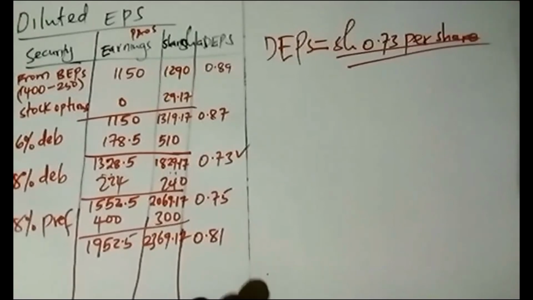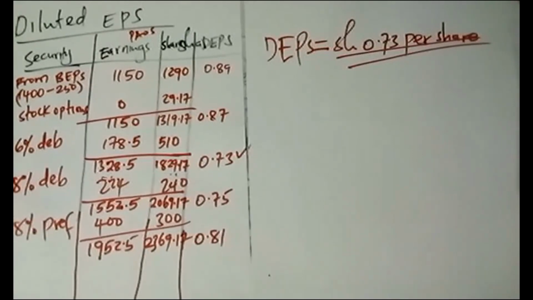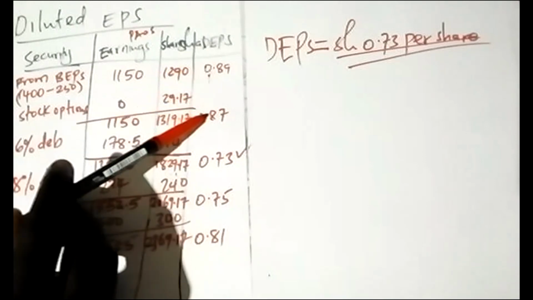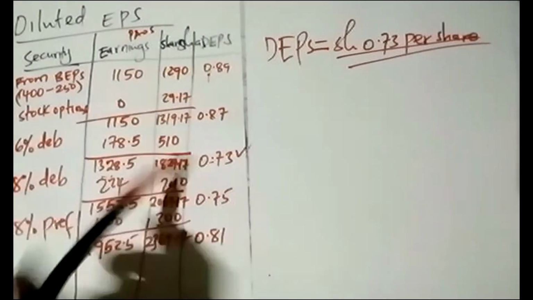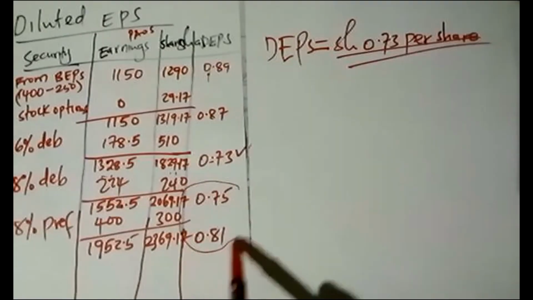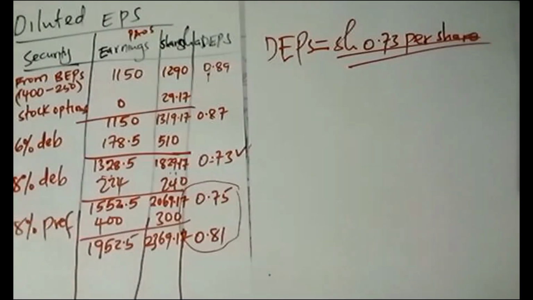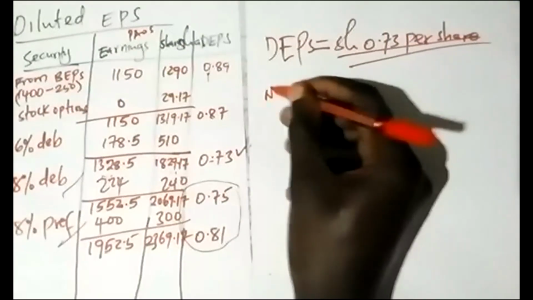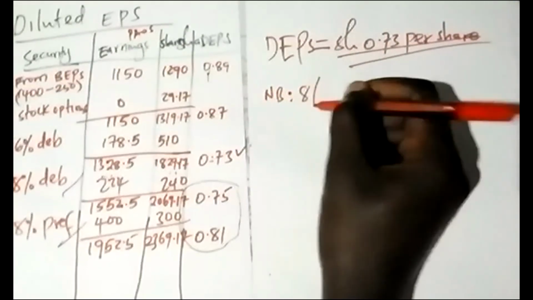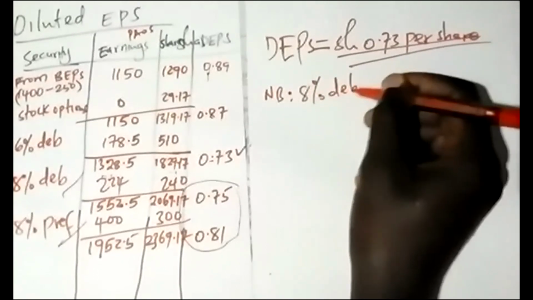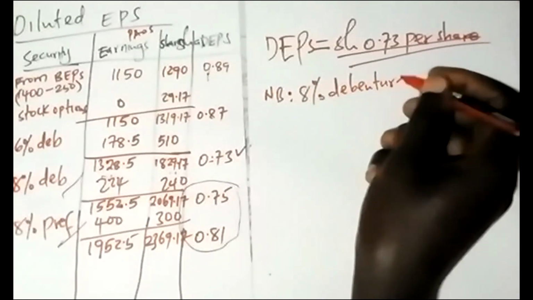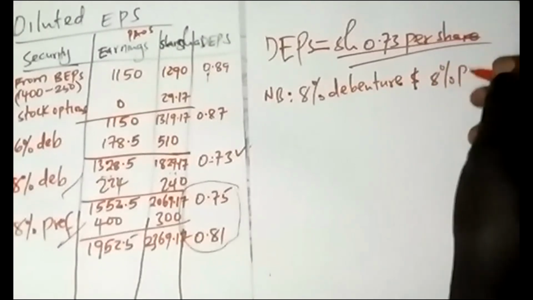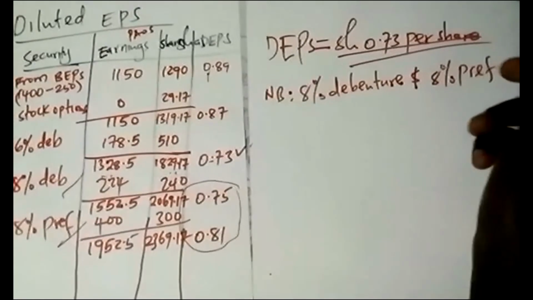Remember that this trend was decreasing: 0.89, 0.87, 0.73. Then it started increasing from this point. Which means that these two securities, the 8% convertible debenture and the 8% preference, both are convertible.